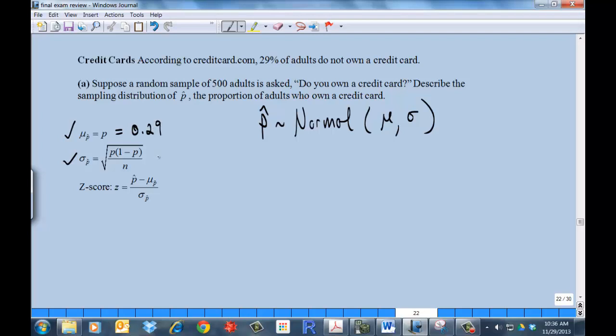And then the standard deviation is the square root of 0.29 times 1 minus 0.29, divided by the sample size. So we get 500 here. And this turns out to be 0.0203.